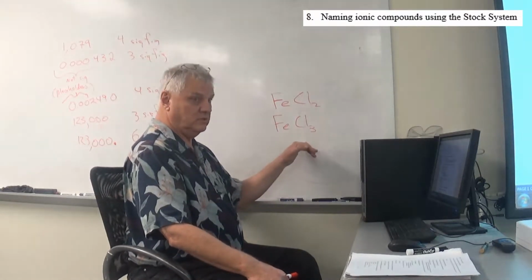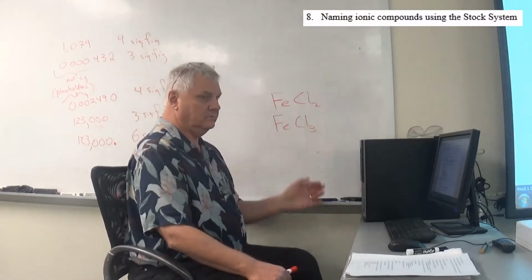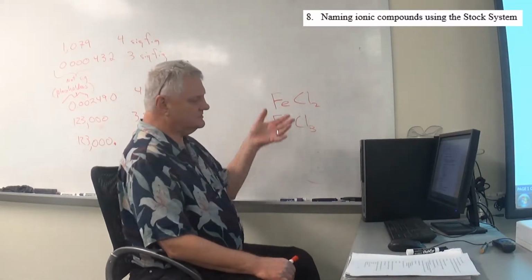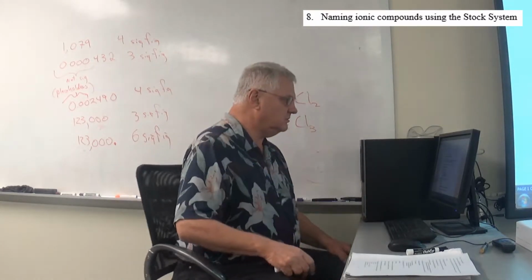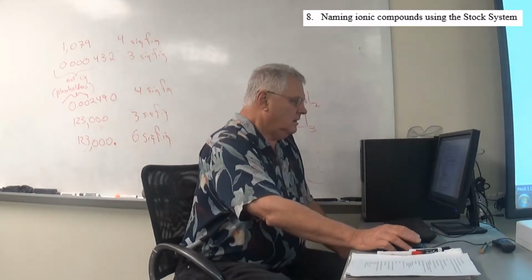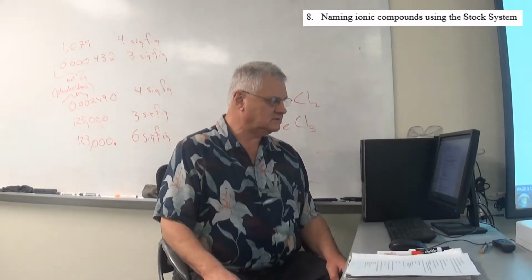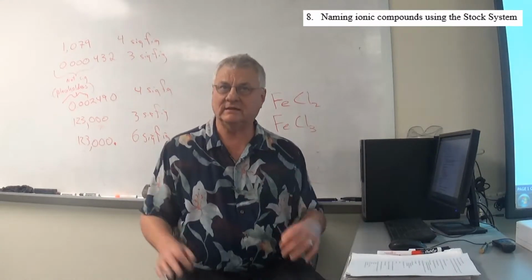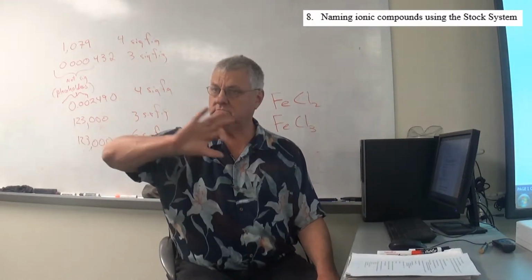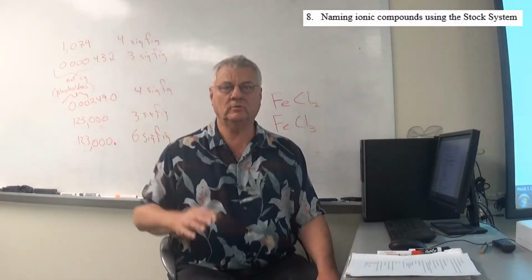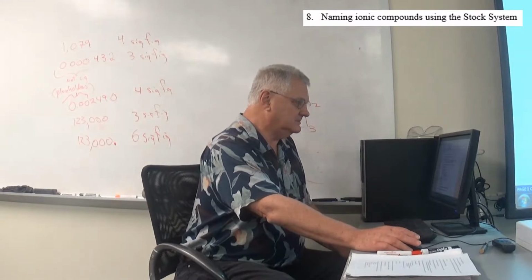You're going to need 3 times a -1, or -3, to counterbalance that. Formulas of ionic compounds, the total charge has to add up to 0. But if there's a question, what's the name of an ionic compound using the Stock system, you can rule out any name that doesn't have a Roman numeral in it. Just draw a line through it. It's got to have a Roman numeral. And then you've got to figure out what the proper Roman numeral is.